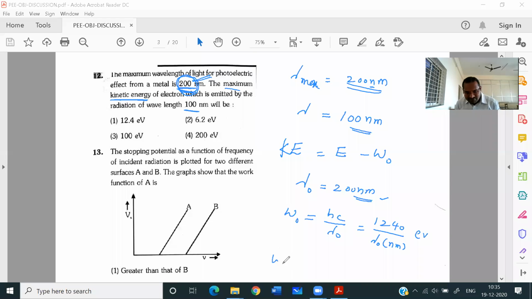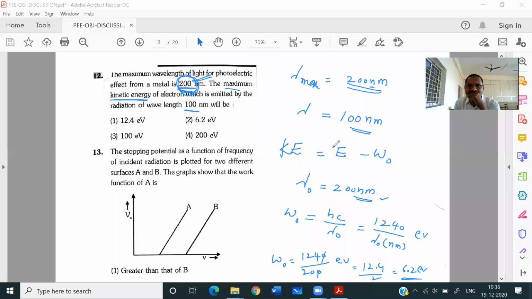So the work function comes out to be 1240 upon 200 electron volt. Zeros cancel. 124 by 20 is nothing but 12.4 by 2, which means 6.2 electron volt. So the work function is 6.2 electron volt.